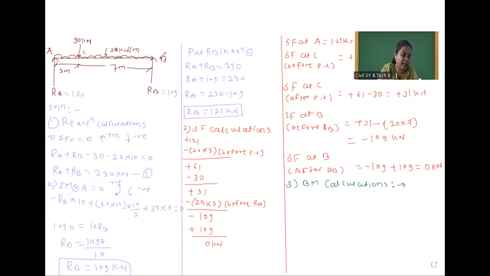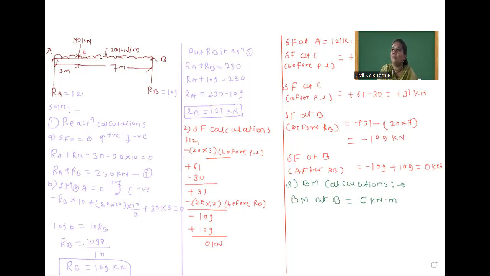So bending moment at B, which is equal to how much? 0. Okay, so bending moment at B is equal to 0 kilonewton meter.